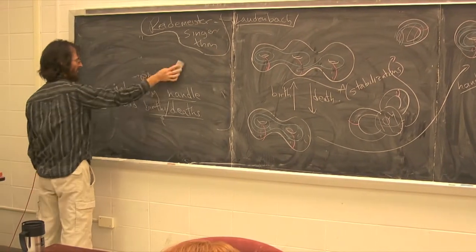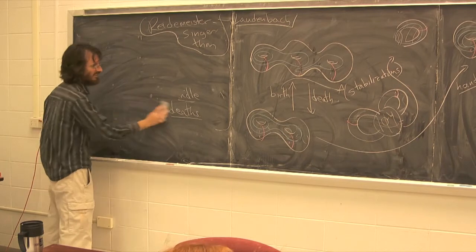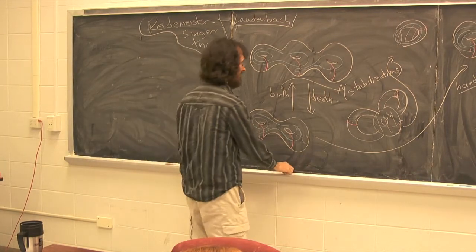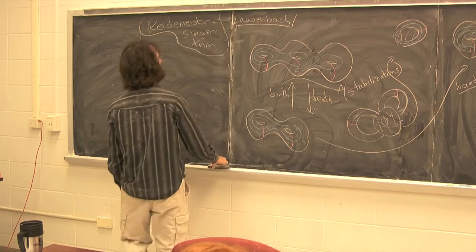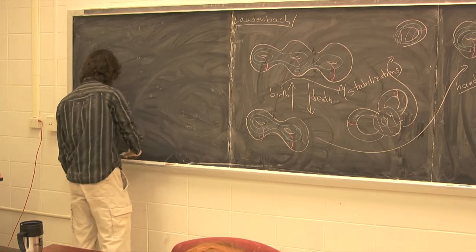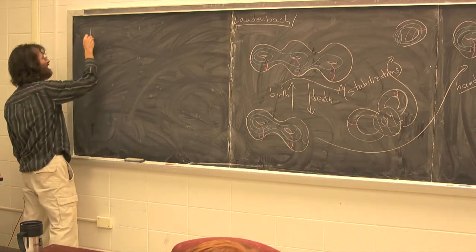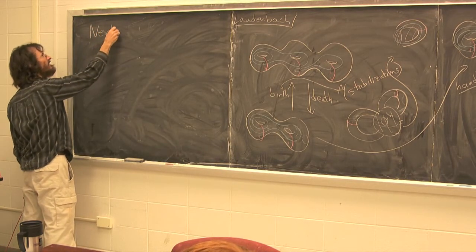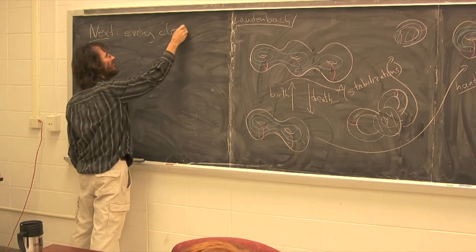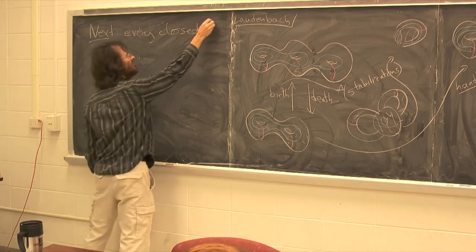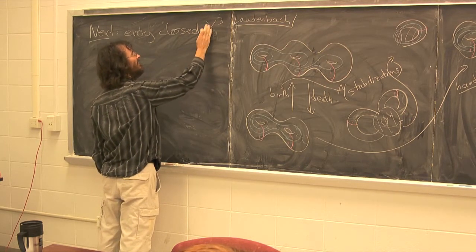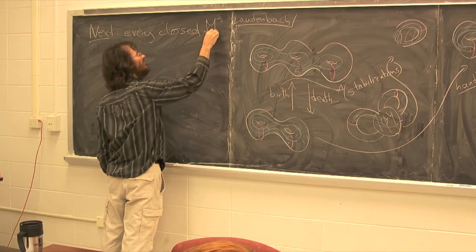So that's one way to work with three manifolds, to draw Heegaard diagrams. I want to now use the Heegaard diagrams to lead up to another way to describe three manifolds, by surgery. And so the next thing I want to prove is that every closed connected three manifold, actually I'm going to start calling it M3 now.